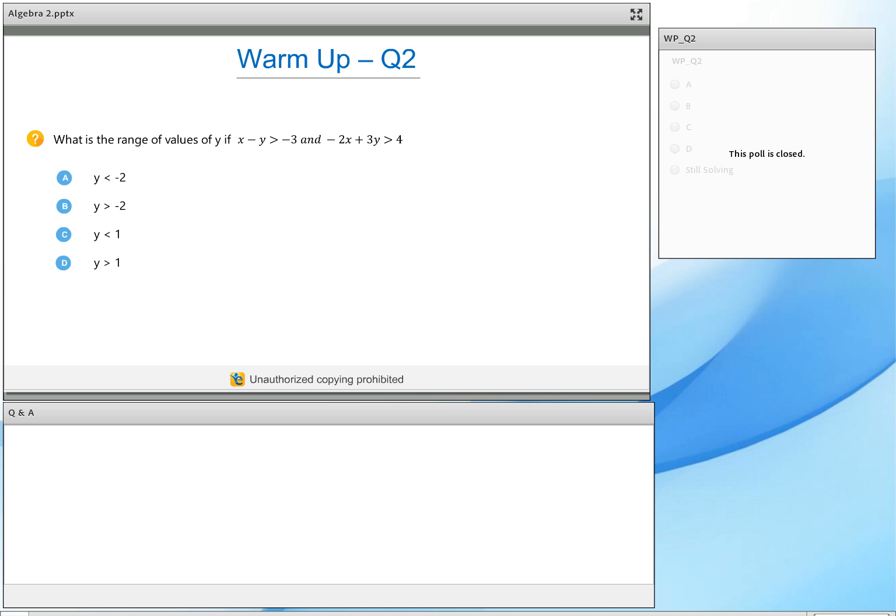And now, question number 3 in the warm-up section. Please click on still solving. All right, here you go.